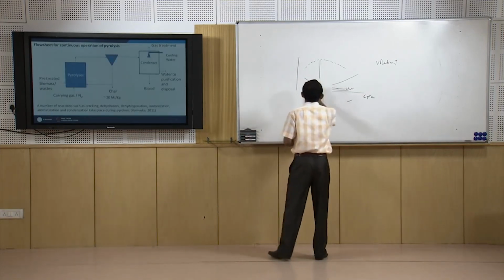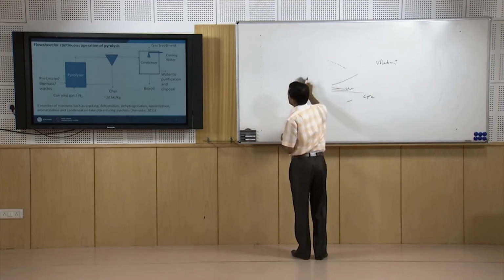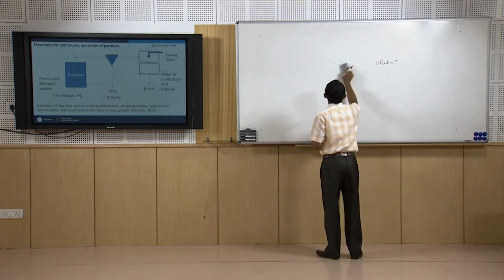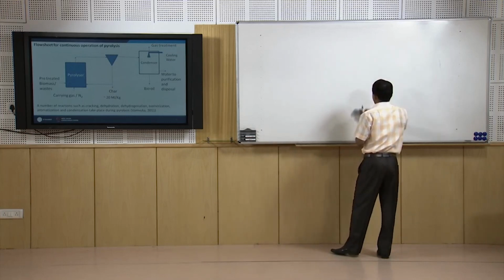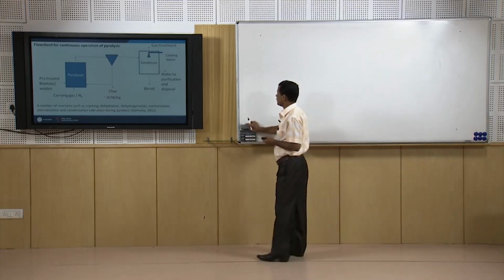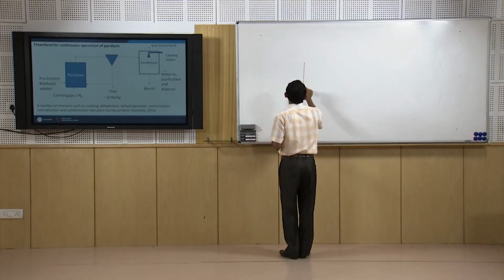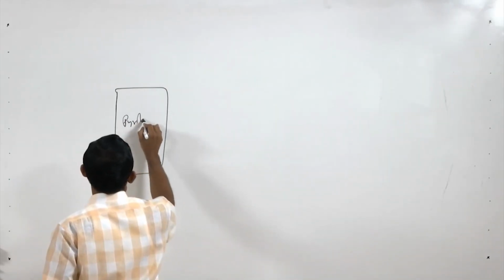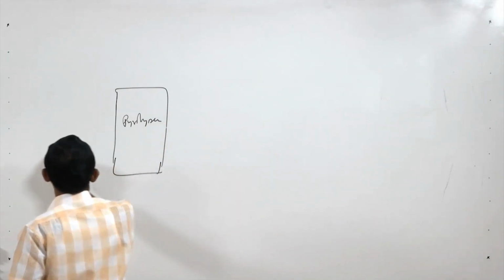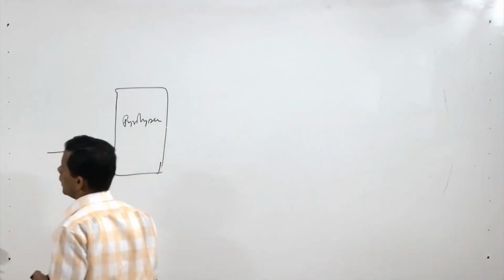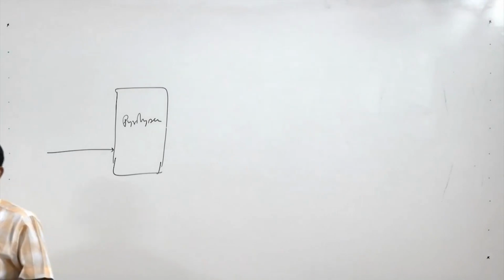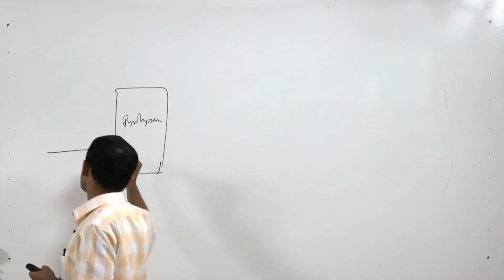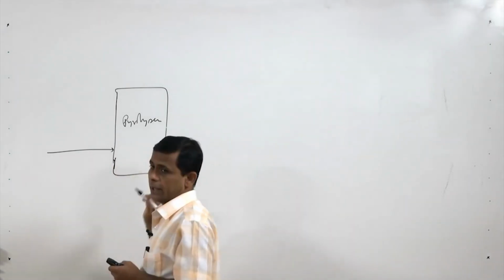Now, we will see the process flow sheet of the pyrolyzer unit. In the pyrolyzer, we will put biomass and waste. That biomass and waste must be pre-treated, because this will be able to handle certain biomass only.